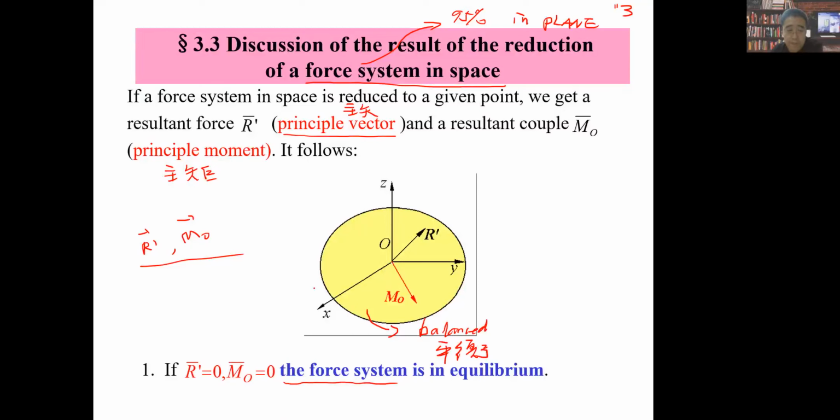That means you can arbitrarily select any point, whichever you like, and you will always find R prime equals 0, MO equals 0. Why? Because the force system is in equilibrium, so whichever point you select, it will always be the same result.